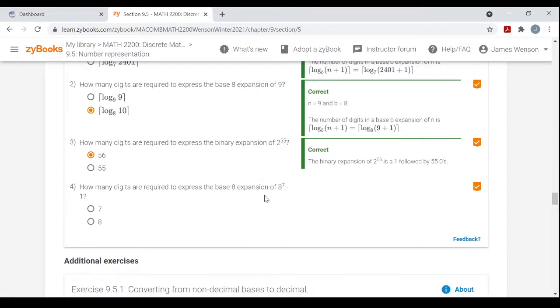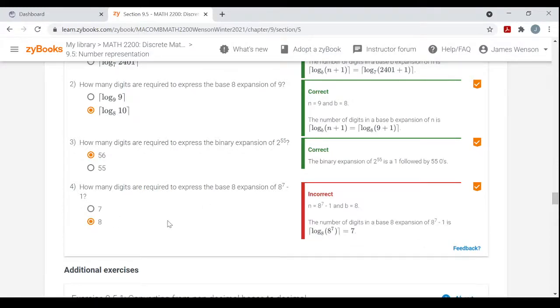And then same thing here, how many digits are required to express the base 8 expansion of 8 to the 7th? See, base 8, the base is 8 here. So 8 to the 7th, if I expressed it in base 8, would be 1 with 7 zeros after it. And 1 with 7 zeros after it is 8 digits. Oh no, I'm sorry, I missed the minus 1. I was looking at just 8 to the 7th. I apologize.